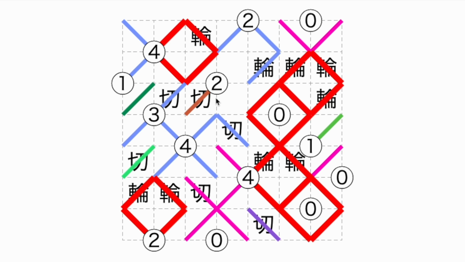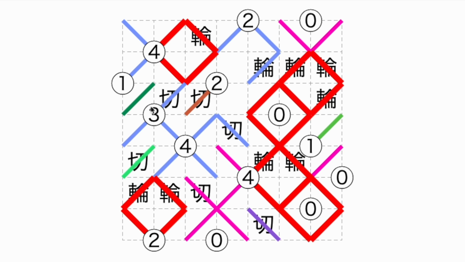And the 2 right here could go either way and be okay, I believe. But let's see. What is going to be the problem? This clue again, just like this one. Okay.